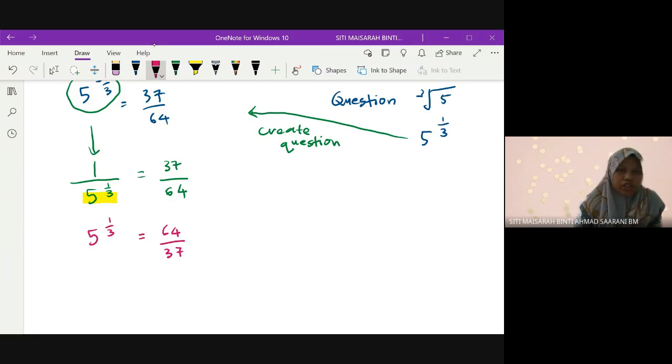If we calculate 64/37 on the calculator, we get 1.72972973. So for 1 decimal place, the final answer is very strict. For this binomial expansion part, the final answer is very strict, which means there is no plus or minus. The answer must be exact.